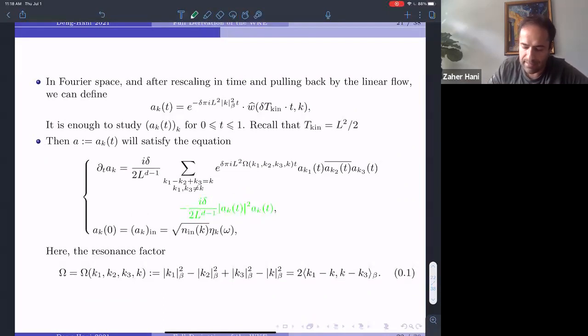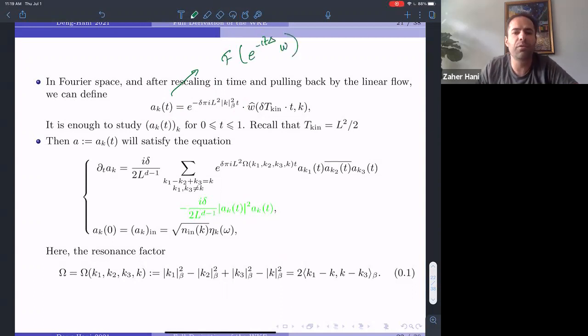So we look at a_k of t, which you should think of as essentially the Fourier modes of w, except that we conjugate them by the linear flow. So a_k of t is the Fourier transform of w, pulled back by the linear flow. Another important thing is that we're doing some sort of time rescaling here.